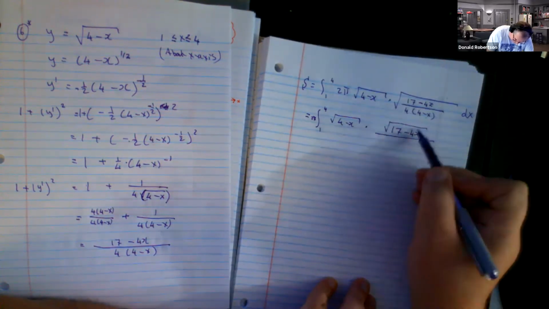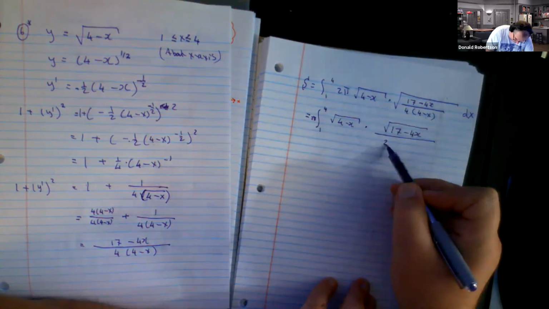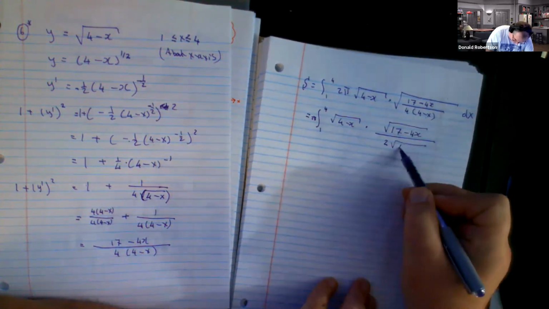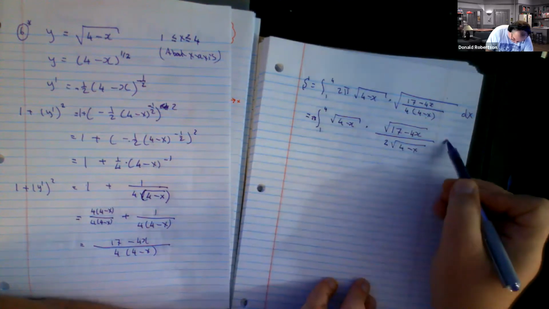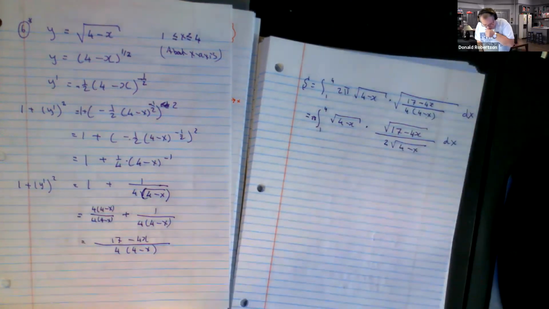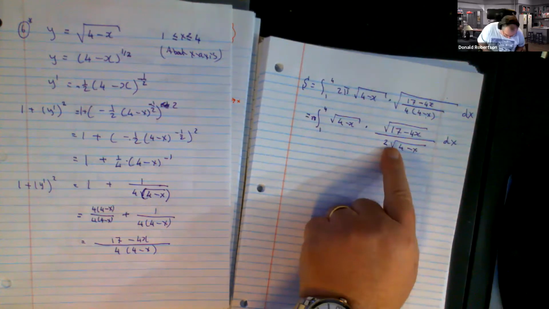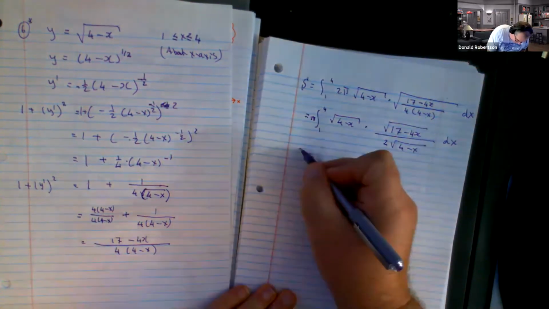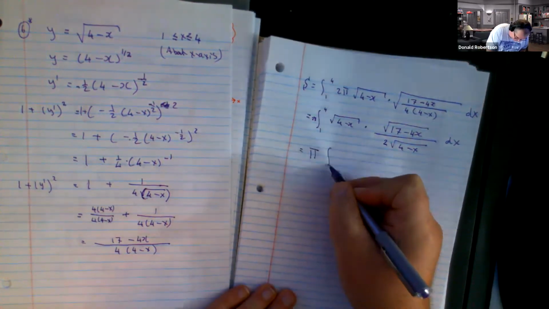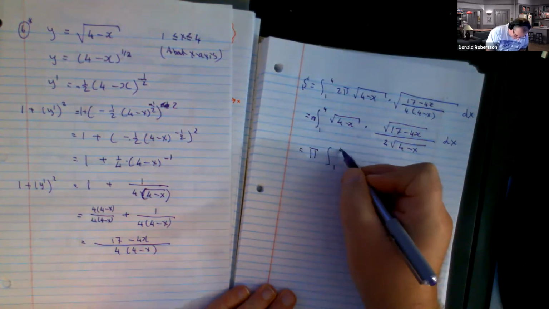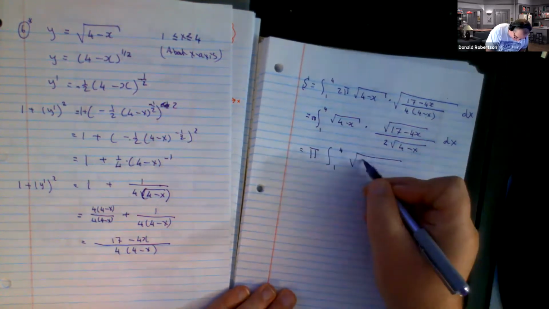So square root at the top, square root at the bottom, square root of the other thing at the bottom. And just like you were saying, don't those square roots cancel? Well, by the way, doesn't that 2 cancel with this guy? So now what I'm looking at is a pi, the integral from 1 to 4 of just that.